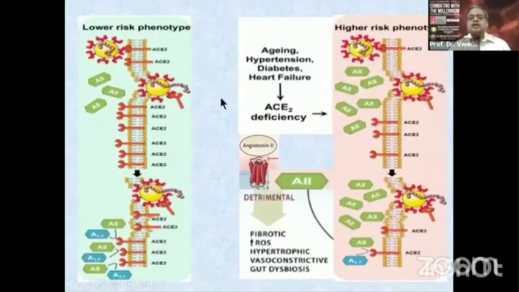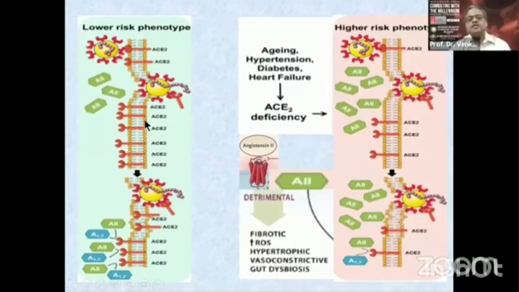Now, to understand the pathogenesis or the severity of lung infection, why some people have more severe infection and why some people have less severe infection, you should understand that the amount of ACE2, or angiotensin converting enzyme 2, which is present in people, keeps varying. Young people have more ACE2, older people have less ACE2.